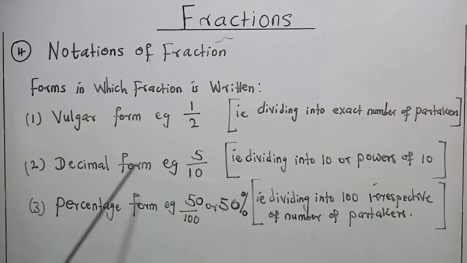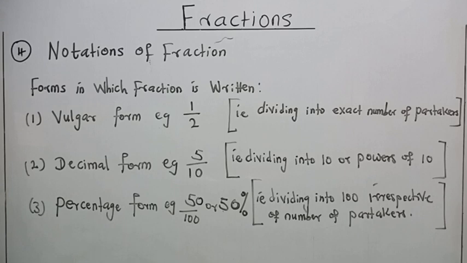Don't forget that this 10 may not be the number of persons taking part in sharing it. It is just picked for convenience. Don't forget what was said earlier concerning it. Example is 5 over 10. That is 5 picked out of 10 portions.